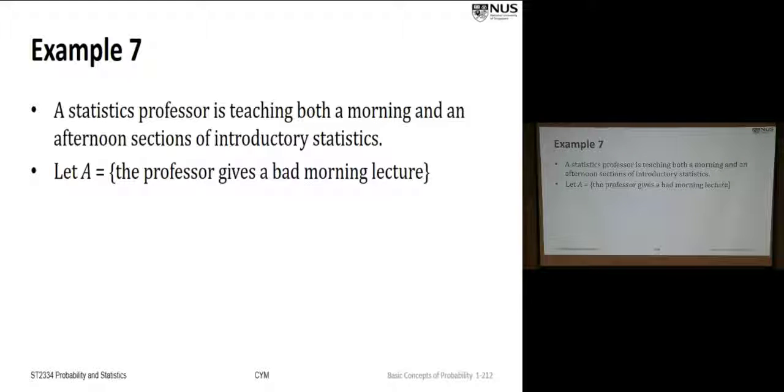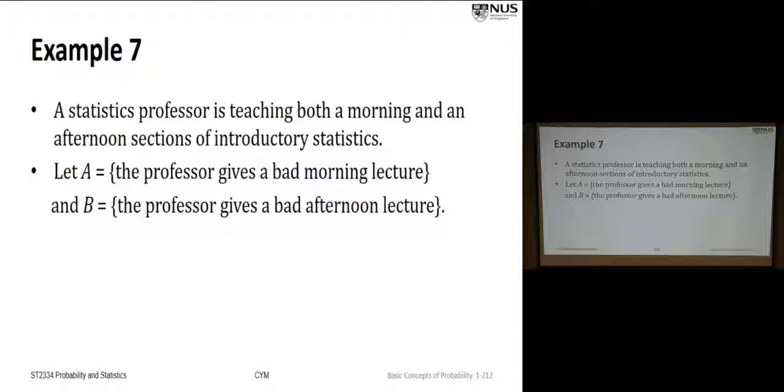There are 2 events mentioned here. The first one, I call it A, is that this professor gives a bad morning lecture. B is that the professor gives a bad afternoon lecture. It's not a good example. First of all, we should be more positive, so we should talk about good lectures in both morning and afternoon.